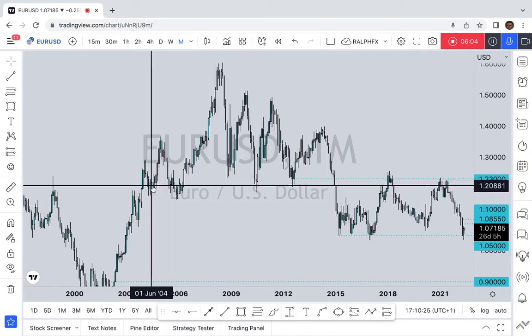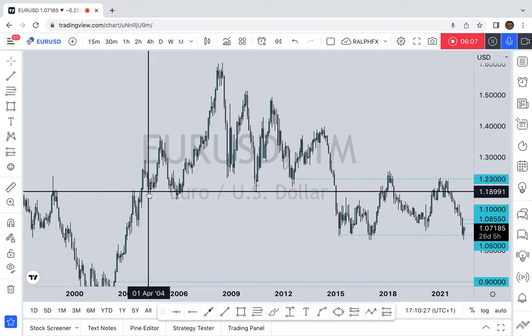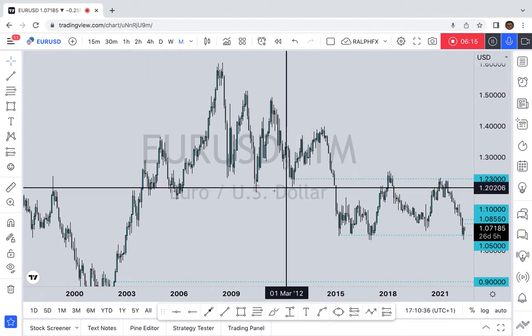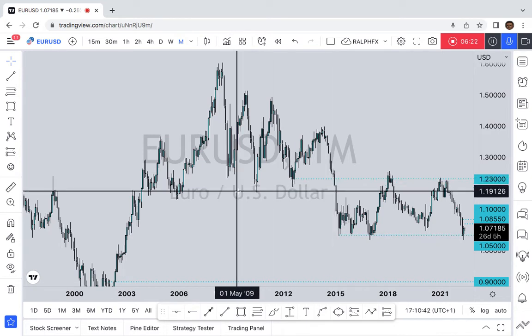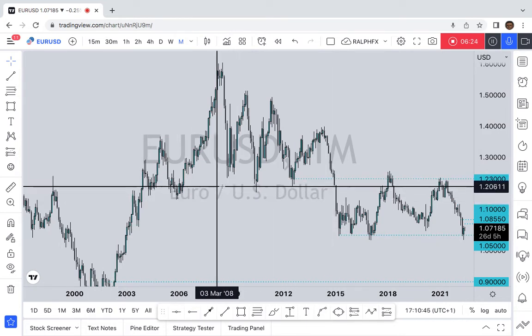Looking at the date, this is the 1st of April 2004. So we've seen price at this level on the 1st of April 2004, and price didn't break below this level until the 1st of December 2014. So this level held for 10 years.